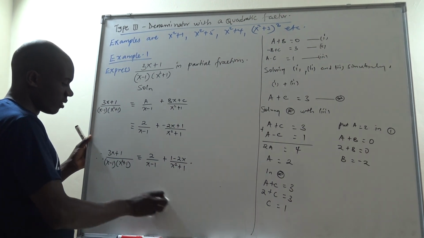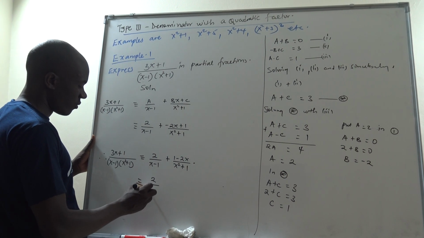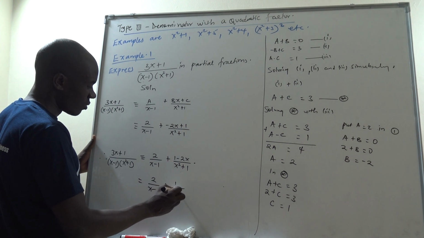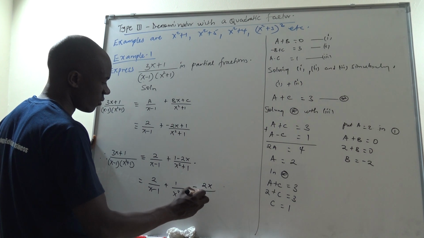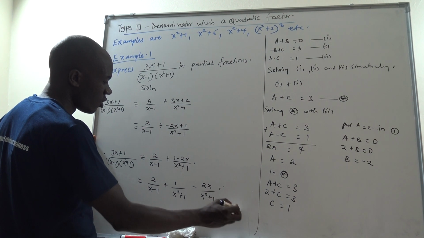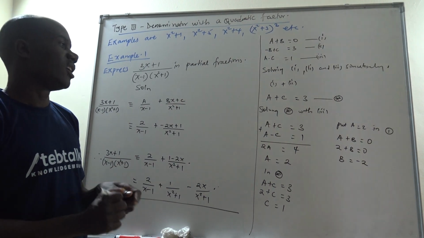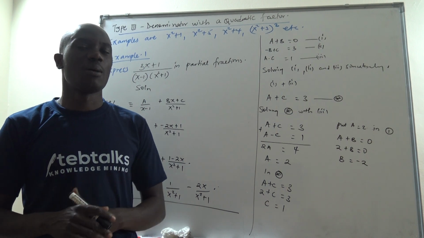Or another one, you can even go ahead and say this is the same as 2 out of x minus 1 plus 1 out of x squared plus 1 minus 2x out of x squared plus 1. All of you have already finished expressing it in the required fraction, and that's what we do when it comes to that number.